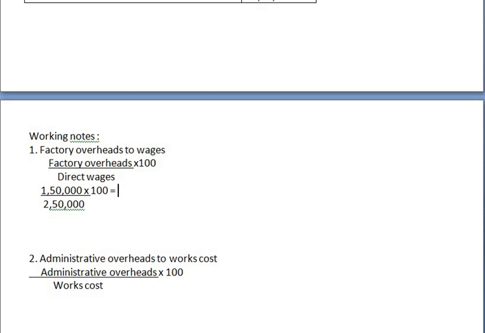So percentage is 60% of wages. Okay, so factory overheads is 60% of wages.